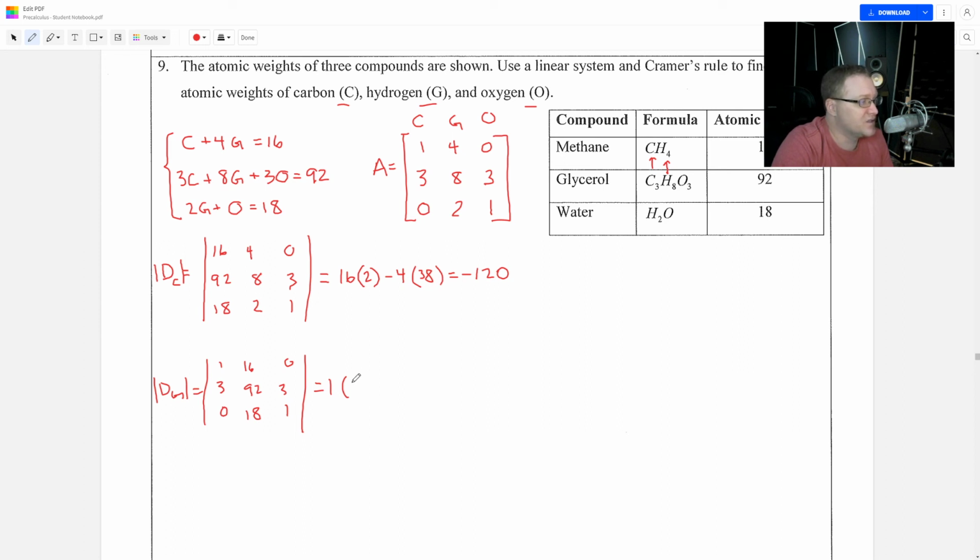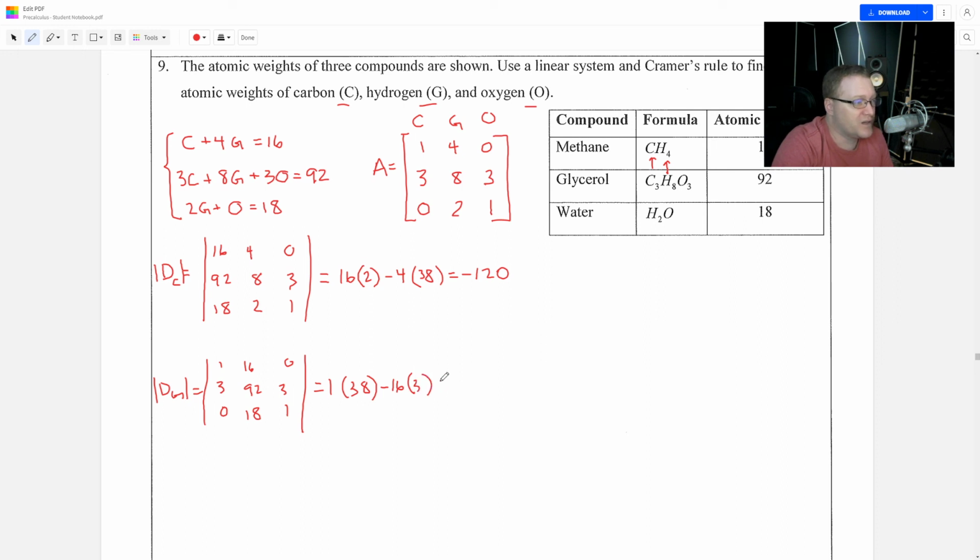All right, and then we're going to minus 16, because we have 16 up here now. We're going to minus 16 times, and we're going to cross this out, we're going to have 3 times 1, which is 3, minus 3 times 0 is 0, so 3.